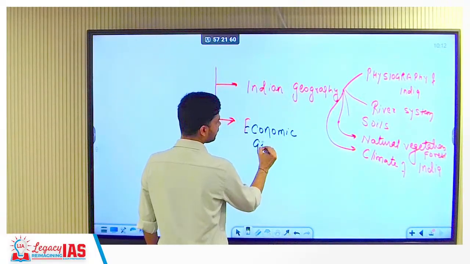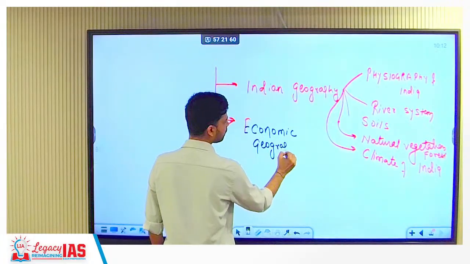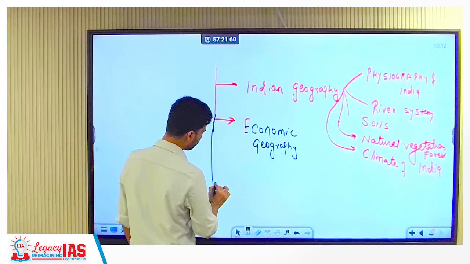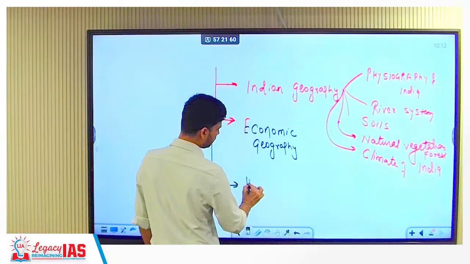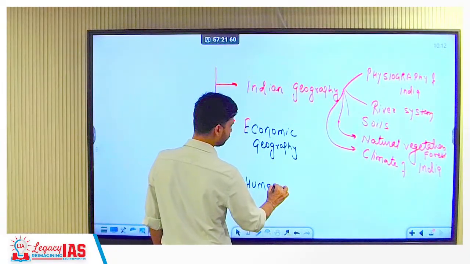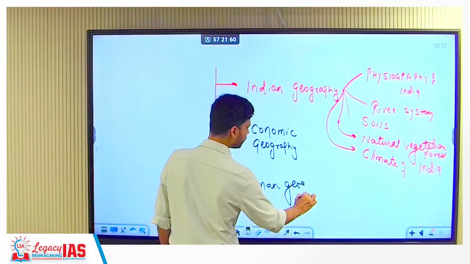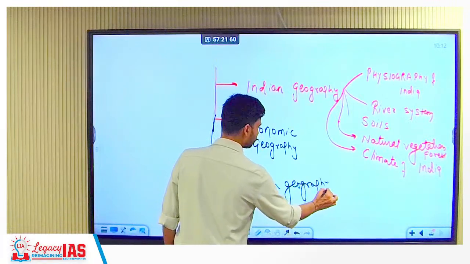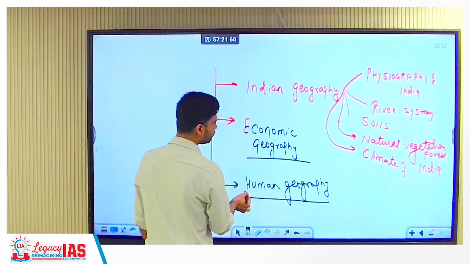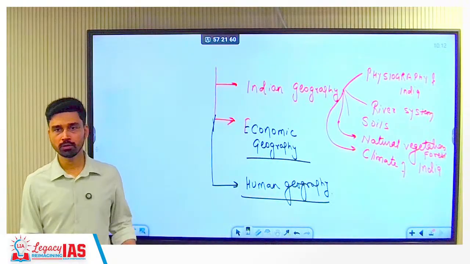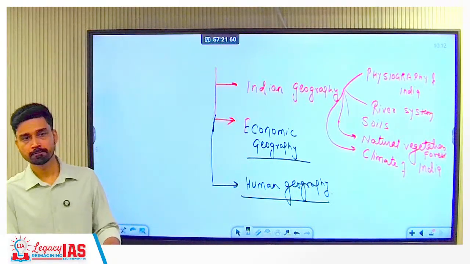Then economic geography, a small section, we do not have to go into very much detail, and human geography, 1 or 2 chapters are mainly important from the exam perspective. So economic geography, human geography, industries, resources, and all we will be studying here.